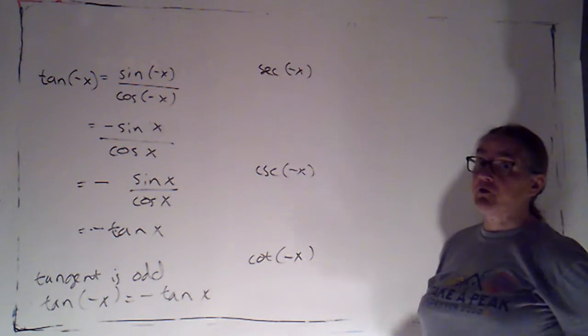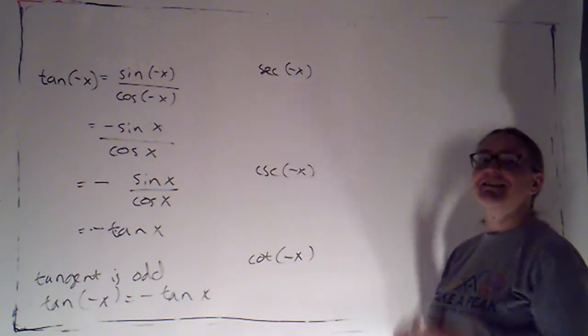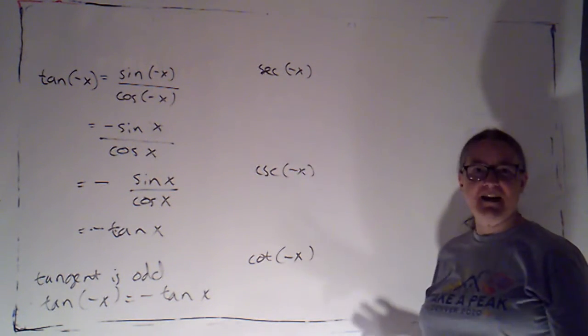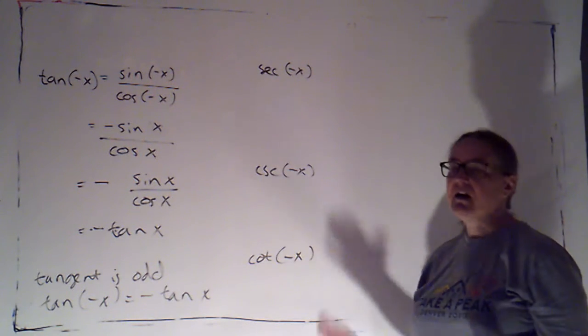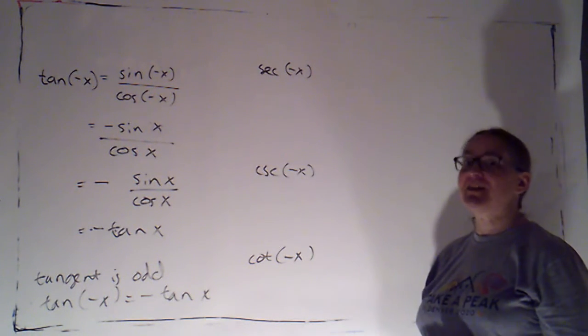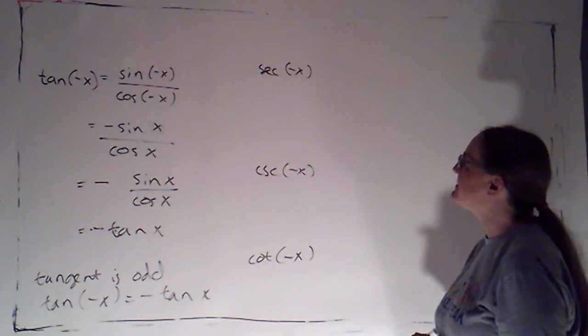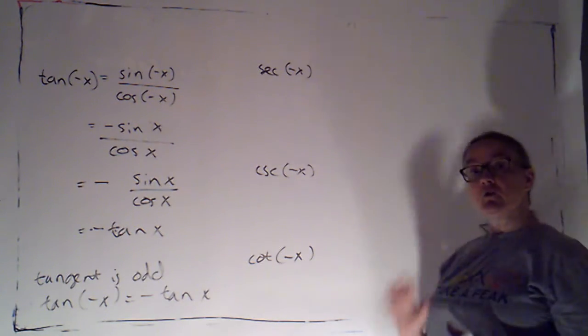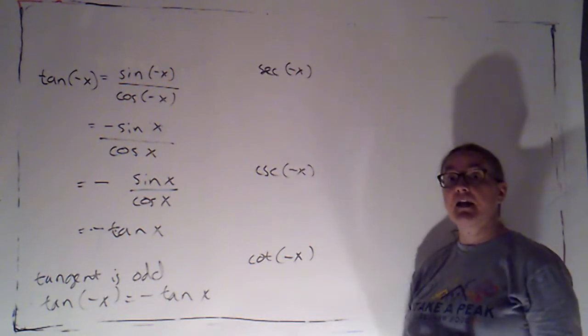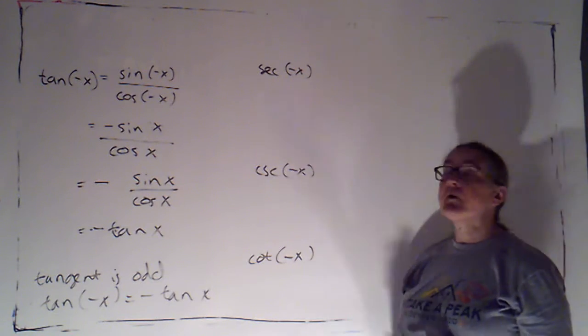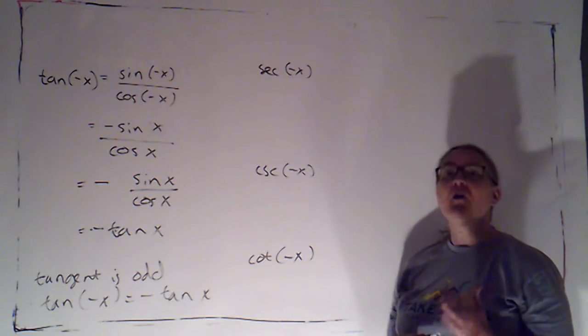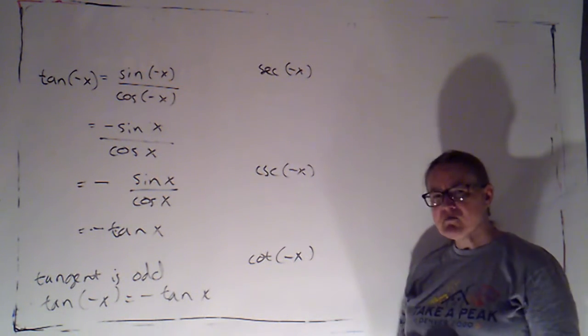I've already told you that you're either going to get the same thing as the trig function at x or the exact opposite. Again, that's not true for all functions, but that is true for all 6 trig functions. So I want you to see if you can use the quotient and the reciprocal identities to figure out whether these functions are even or odd. So pause the video, give that a shot.